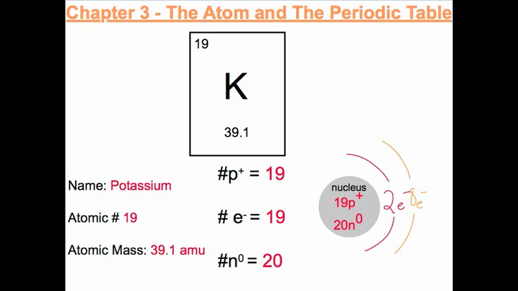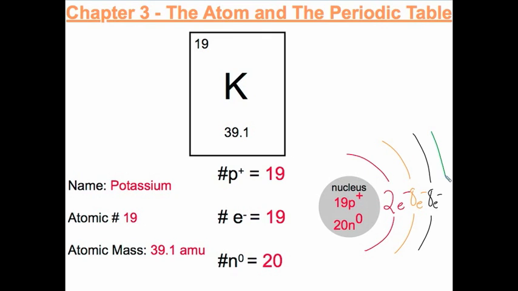With the second shell full, we go to the third shell, which can hold a maximum of 8 for atomic numbers 20 or lower. With the third shell being full, we have a total now of 2 plus 8 plus 8, which is 18 electrons. We still need one more.